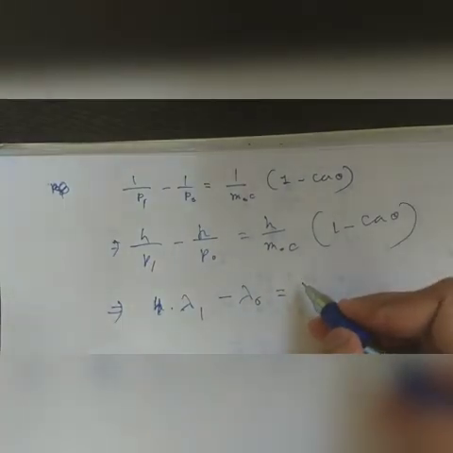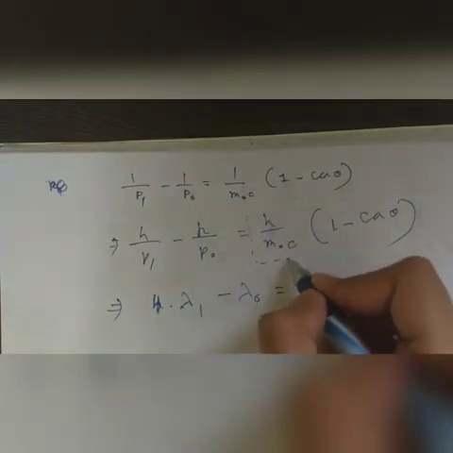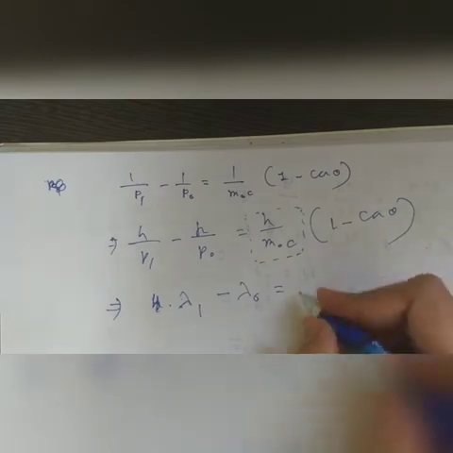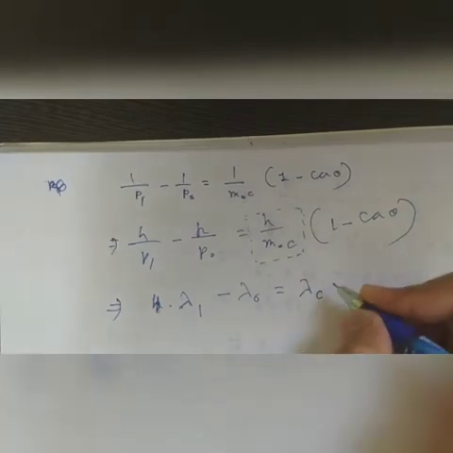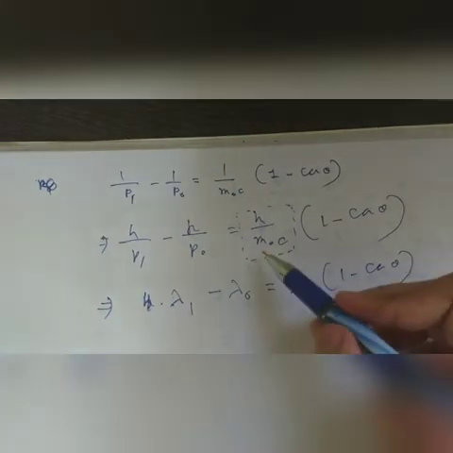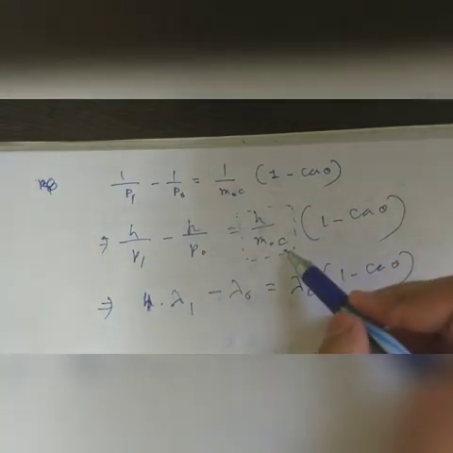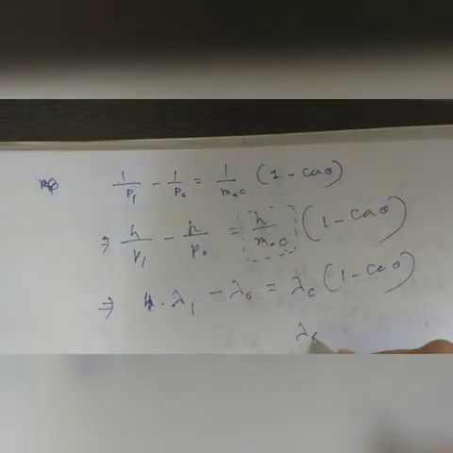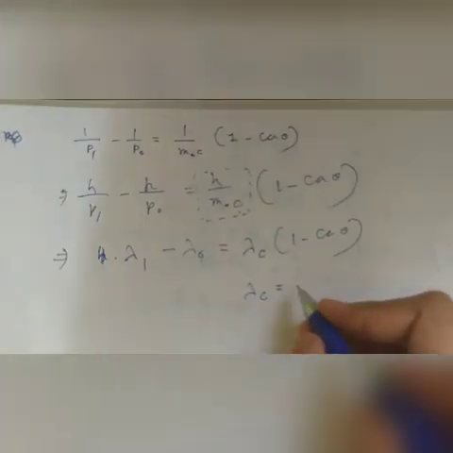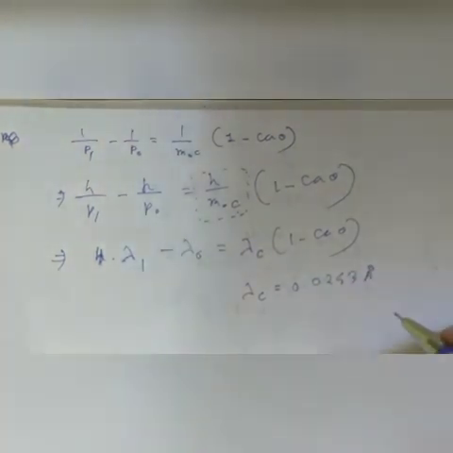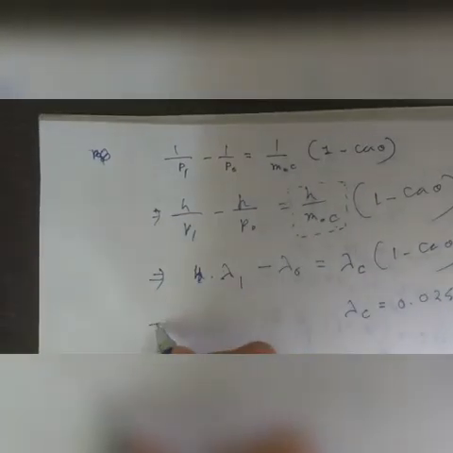This dimension is also wavelength. We can write it as lambda c times 1 minus cos theta. The mass is the mass of the electron, c is the velocity of light, h is the Planck constant. If we calculate all these things, we will get that lambda c equals 0.0243 Armstrong.